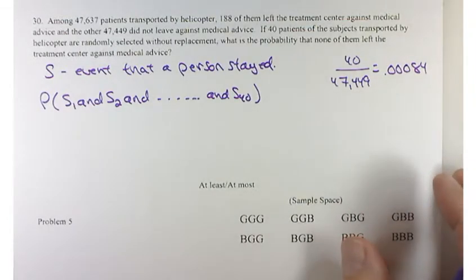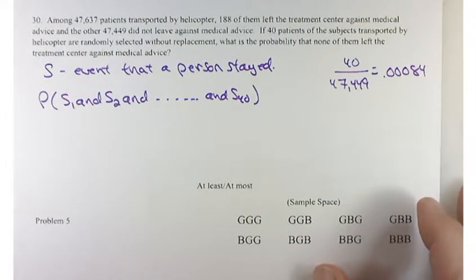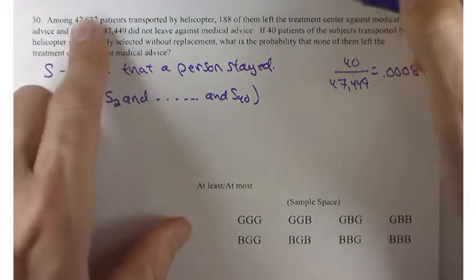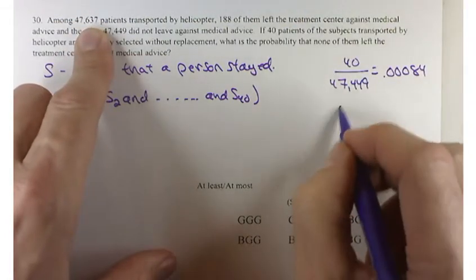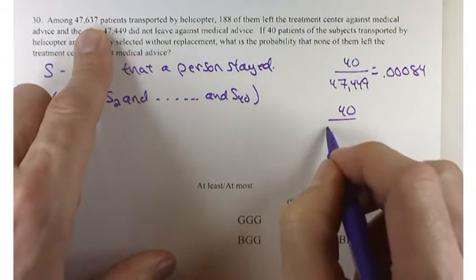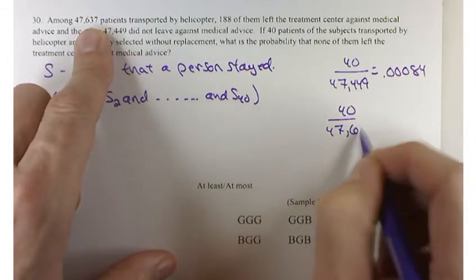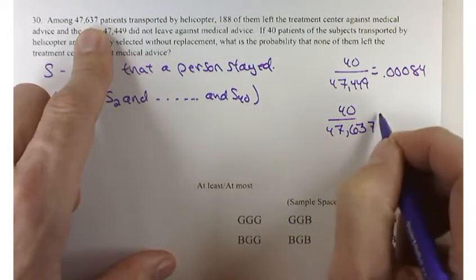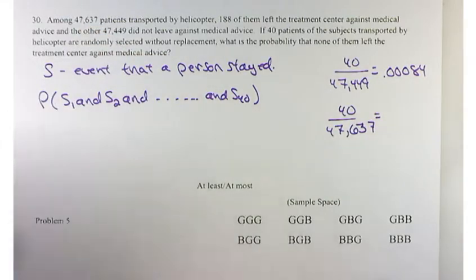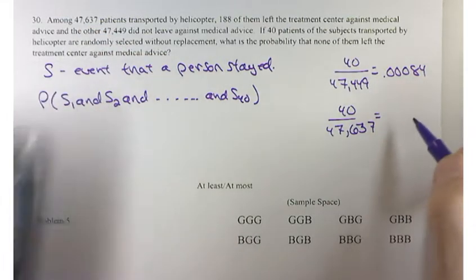Yes, sir. Question. Why did we not use the 47,637 total patients? I should have. Thank you. Although it's not going to make a big difference. 47,637. Good question. I should have. It's still going to be less than 5%.